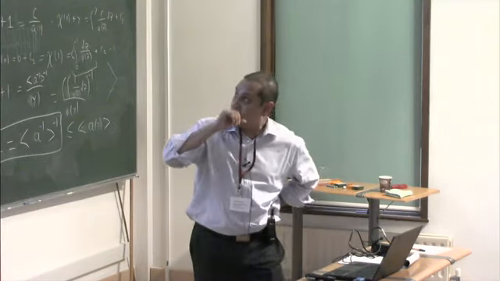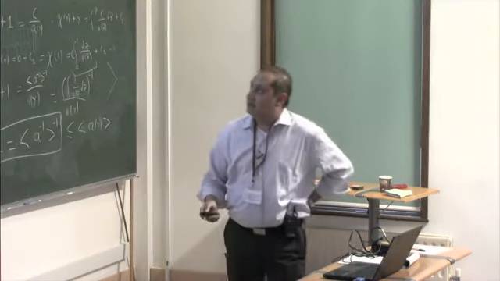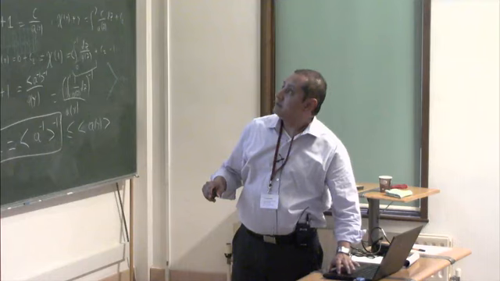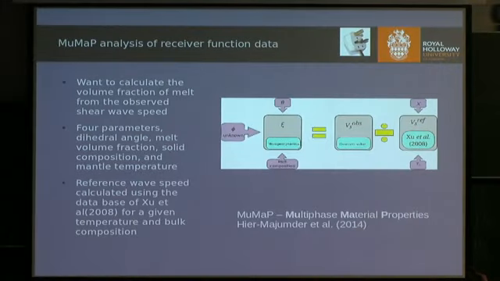So what we have been doing is something where, let's see, how do we do this? So basically we have an observed, I'm sorry about this, it got a little bit pixelated. So we have an observed shear wave speed. We have a reference shear wave speed, what the mantle's shear wave speed should be, and you can use a mineral physics database.